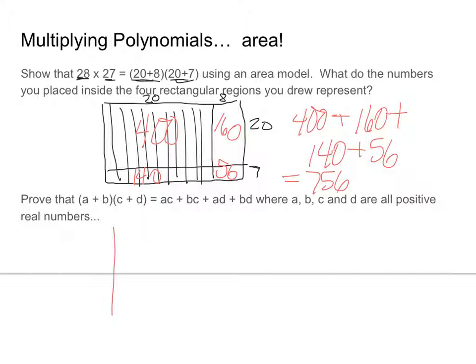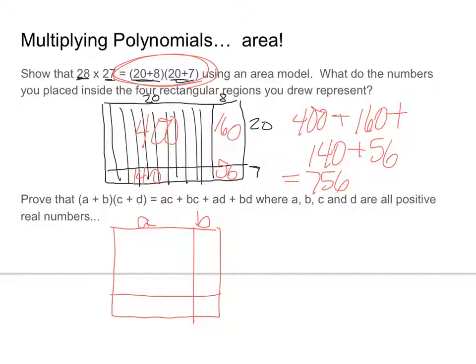So I can make another rectangle. And we can talk about the multiplication of something of that shape. So we have A plus B times C plus D. It's the same as AC plus BC plus AD plus BD.